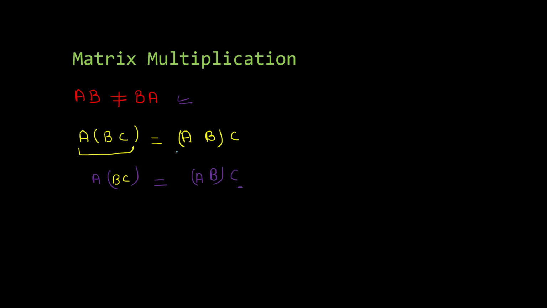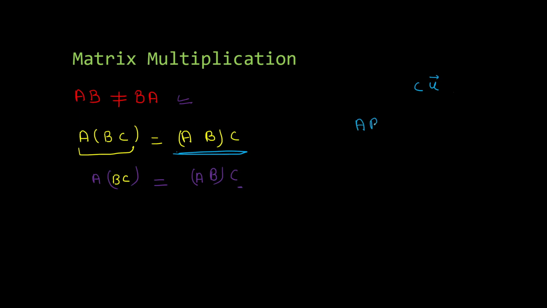Because you see, when I am doing this particular thing, on a vector U I am applying a matrix C. This is a matrix vector multiplication, which means this is a linear transformation. Now whatever result I get, I am applying another transformation AB on that.